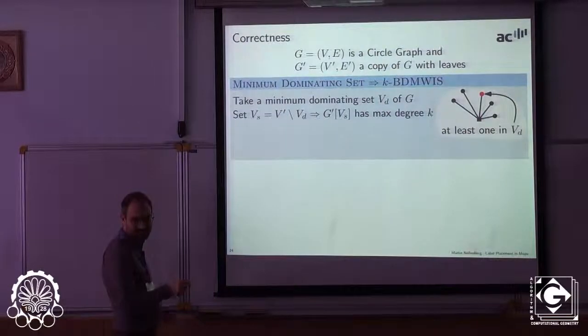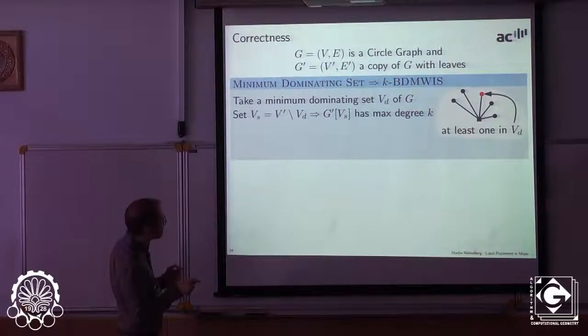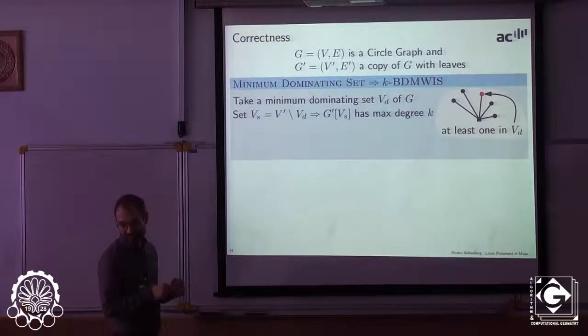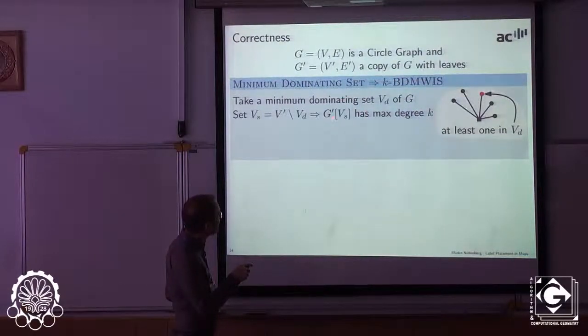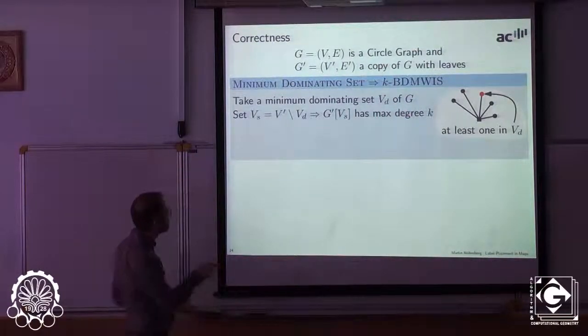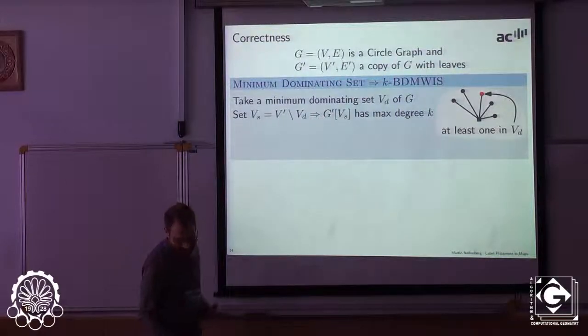So for every internal vertex, either that vertex is in the set, or if it's not in the set, then it must have at least one neighbor that is in the set. So in this induced graph, it can certainly have no degree K plus 1. Otherwise, it would be invalid. So we know that this induced subgraph here has maximum degree K.